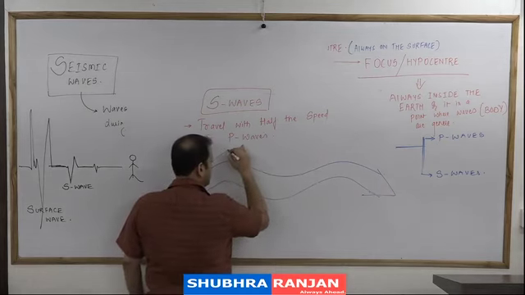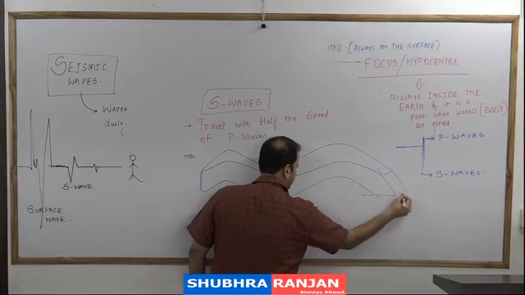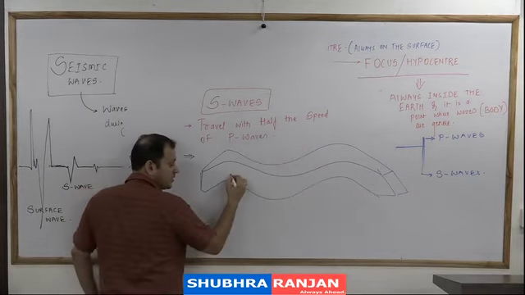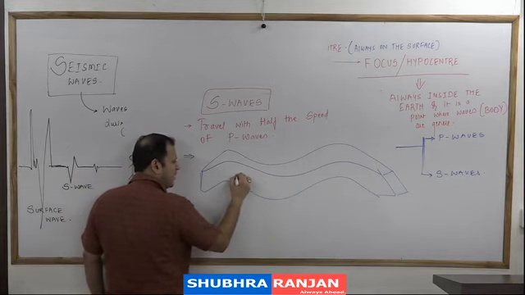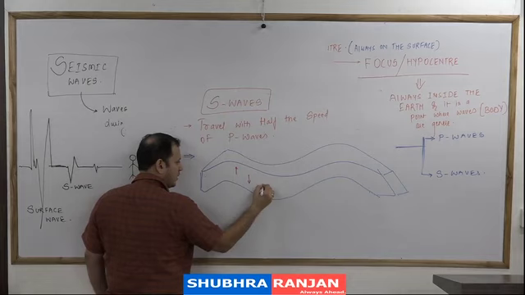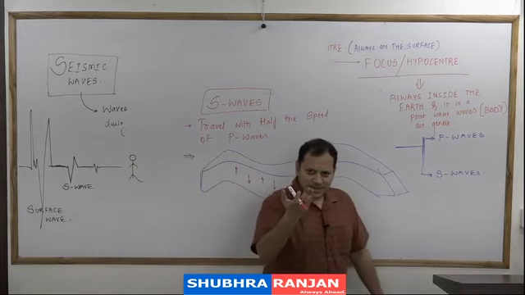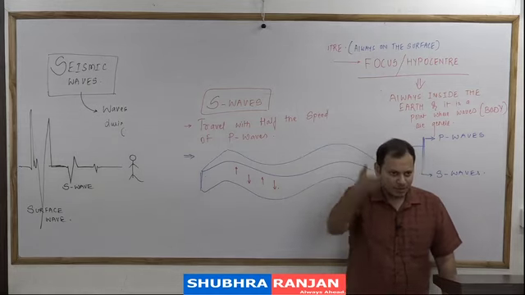Now see, if this is an S wave going through this region, in S waves the particles, if this is a particle, rock, stationary, or building, or anything, it will move up and it will move down. So can I say S waves cause displacement perpendicular to the direction of wave propagation?